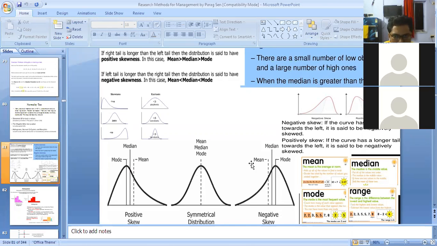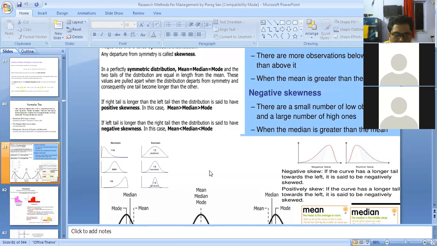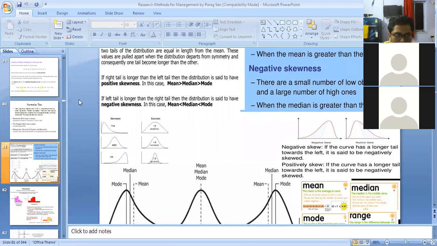So this is the concept of skewness. Next, the slide needs to be corrected. Here it is written that if the curve has a longer tail towards the left, it is said to be negatively skewed, but that is not the definition of negatively skewed as given here.